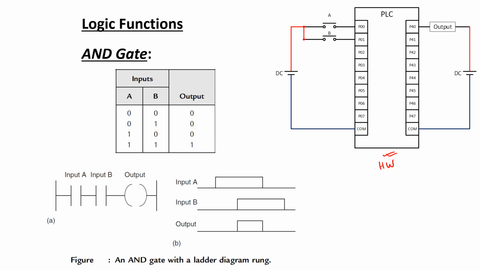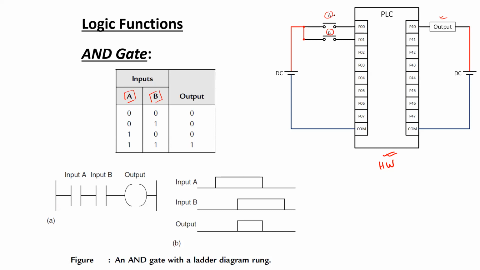If we want to implement an AND logic between two inputs, two different switches A and B can be connected at two different input ports. And on the output side, any output device can be connected, maybe an LED or a lamp in this case.